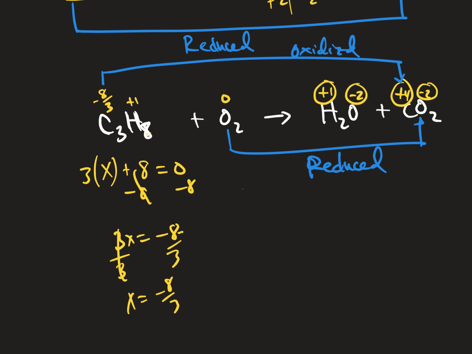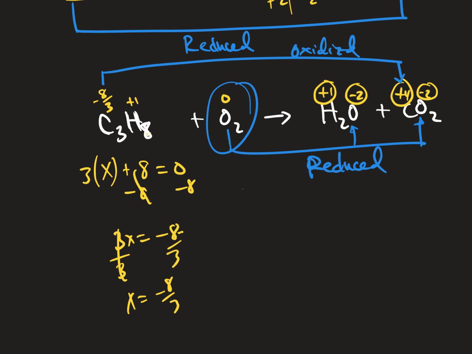Yeah, Betsy. So the diatomic oxygen, how do we know it's reduced to the CO2? Because this is the only oxygen on the left side, right? So it can either go to this one or it can go to this one. That would be accurate in both instances.